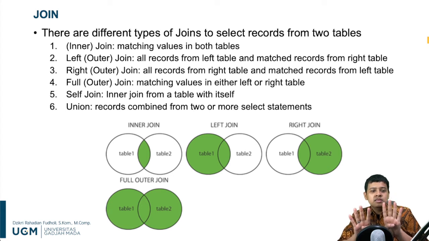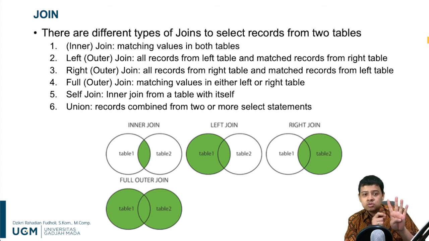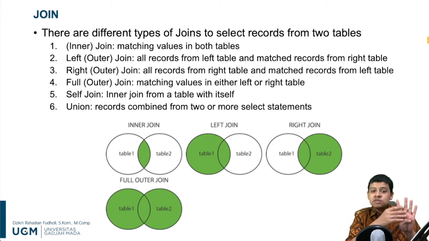For inner join, all of these columns will be filled. But for the full outer join, if on table 1 we have records that didn't match anything in table 2, those records will show on this side, but the table 2 side will consist of null values. So this is the full outer join.